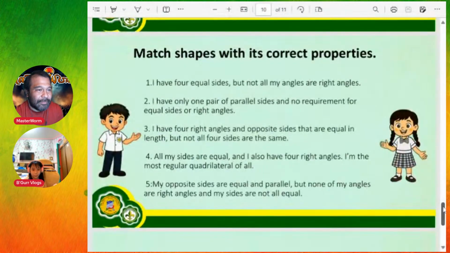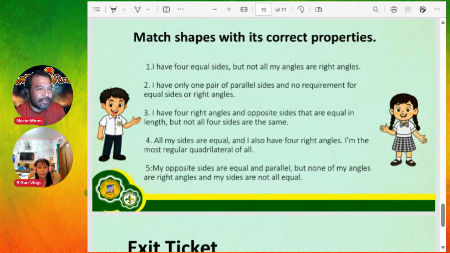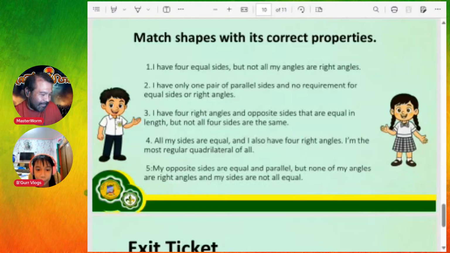Here, match shapes with their correct properties. Madam Razel, okay.